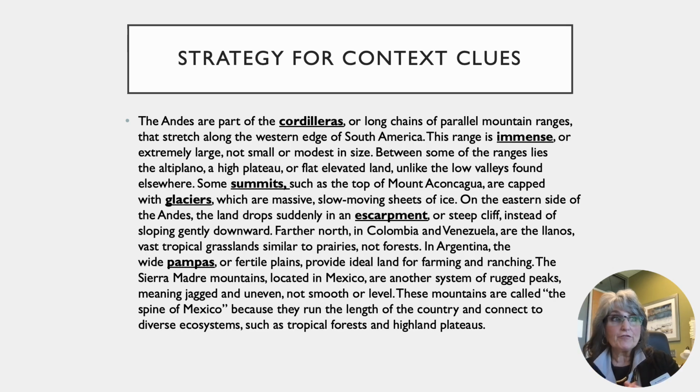Well, they could have written down commas and the word or. So hopefully they are recognizing that they got a couple of clues here to help them figure out what that word means. So you could read through the rest of this paragraph.